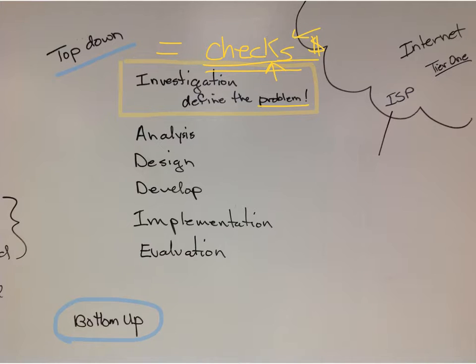So you identify if you have a problem or something you want to solve or something you want to do differently. Then you analyze the problem, make sure you understand it. Then you can design a solution, develop the solution, start building the information system or whatever you're doing to solve the problem. You implement it, and then you evaluate and see if it's working.